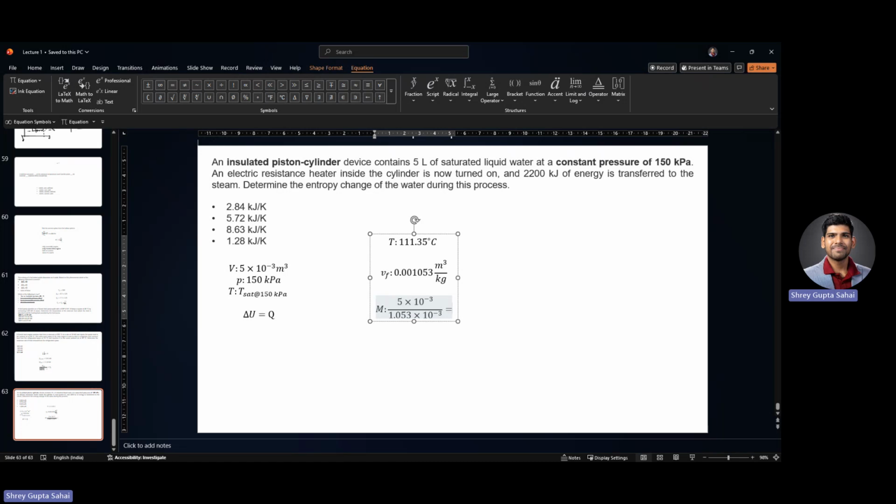Let me just quickly calculate this. Yeah, 4.74 precisely. This is the mass you have.